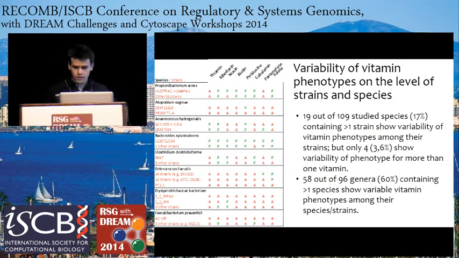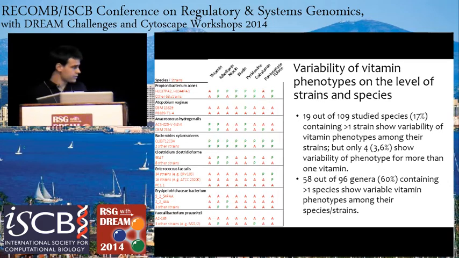We were interested in whether there exists some taxonomic level that divides all the bacteria into groups such that 2 organisms from the same group have the same phenotypic pattern. Our genome set contains more than 100 species containing more than 1 strain, and 17% of them show variability of vitamin phenotypes among the strains, but less than 4% show variability of phenotype for more than 1 vitamin.